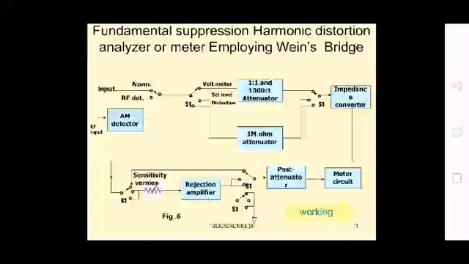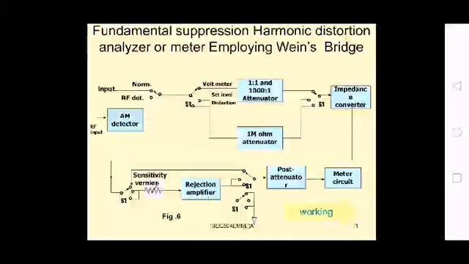The first block is the input circuit with the impedance converter. From the input to the selection switch, after that you will have the attenuator, again a selection switch, and again the impedance converter. This is treated as one block, one section.